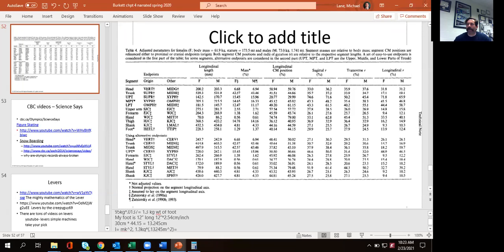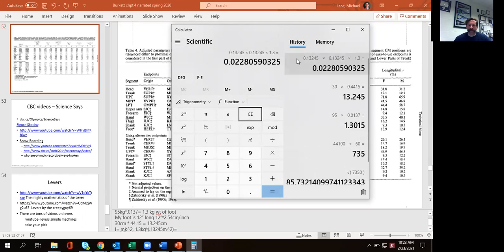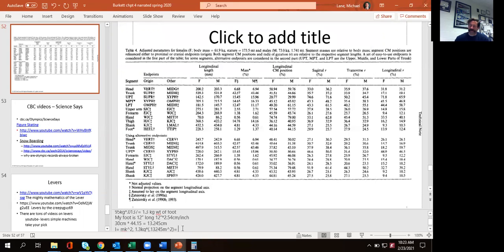Which means my rotational inertia for my foot, which is not impressive, is going to be equal to not much, 0.0228.